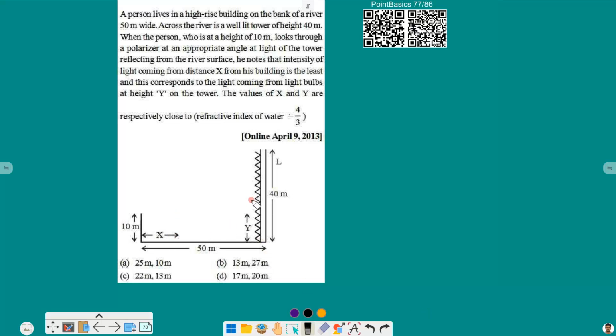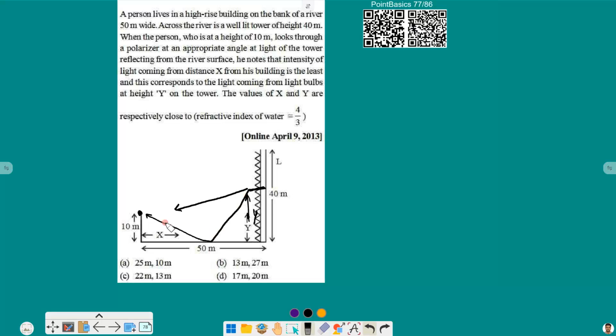So what happens here is that at this point where the person is collecting light, there are two ways for light to reach here. Suppose here is our light source and this distance is y. One, this light can come after reflection, and second, that light can come direct.